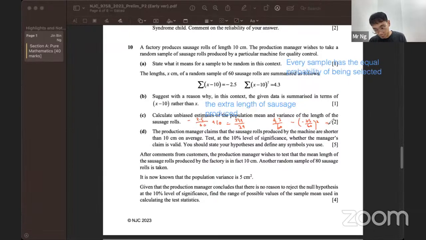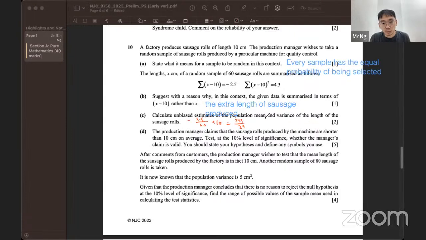And then unbiased estimate. Then after that I times n minus 1 over n. But you guys will do it the other way around, so I follow you guys.